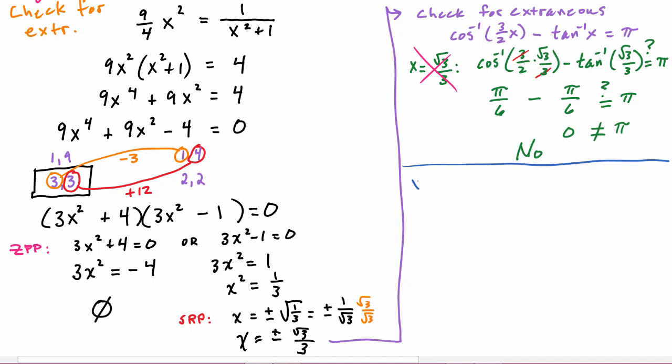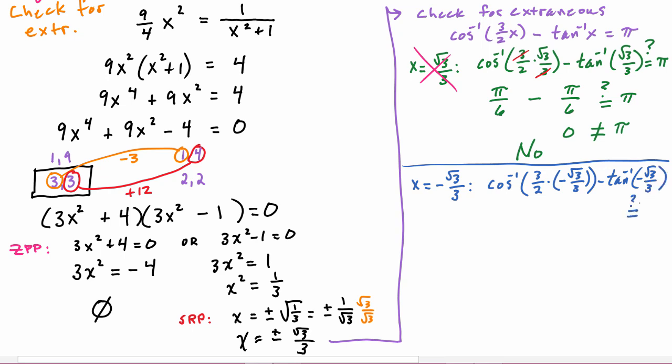So next, we will try x equals negative root 3 over 3 and see if that one works. We have the cosine inverse of 3 over 2 times negative radical 3 over 3 minus the tangent inverse of negative radical 3 over 3.